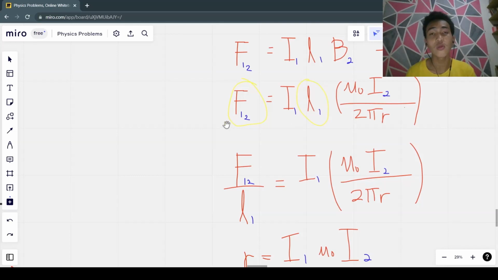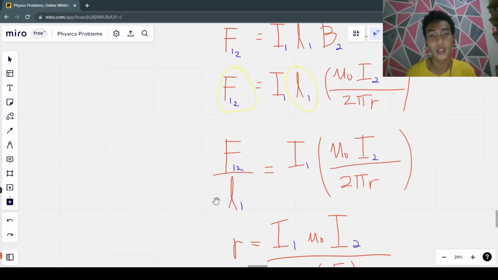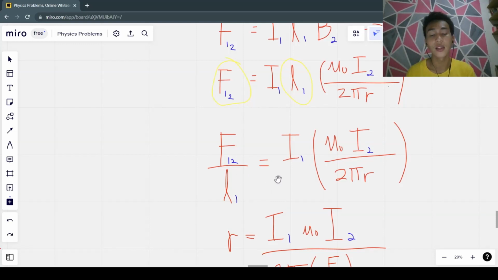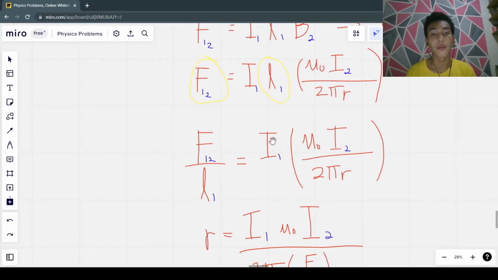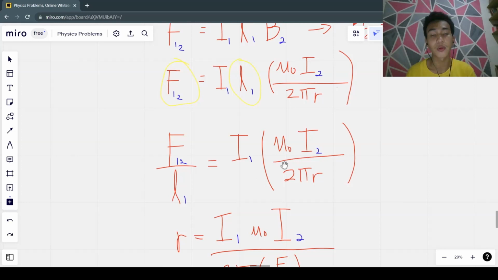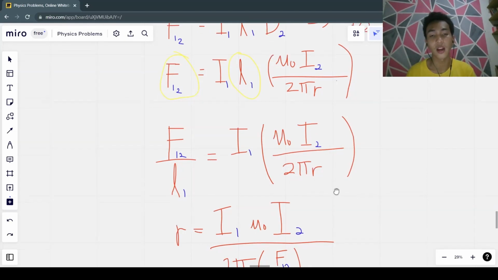So itong two variables na to will act as one as given. So force per length is equal to the current of wire 1 times permeability of free space times the current of wire 2 all over 2 pi r.